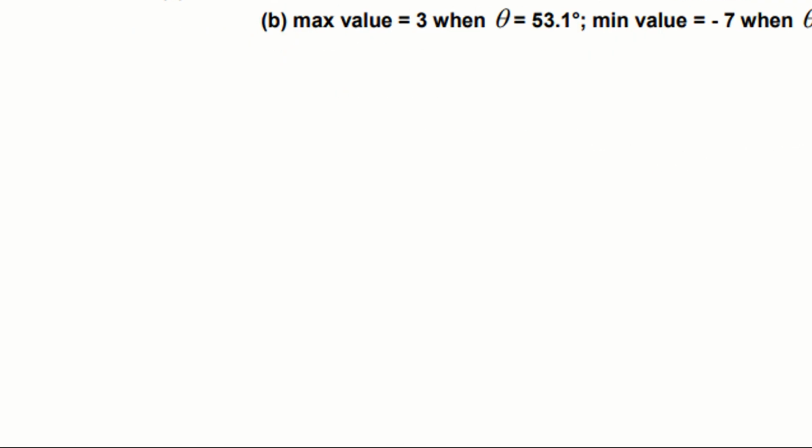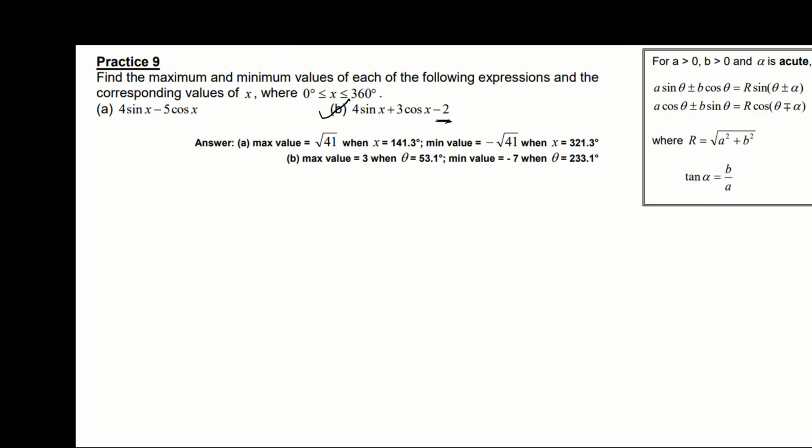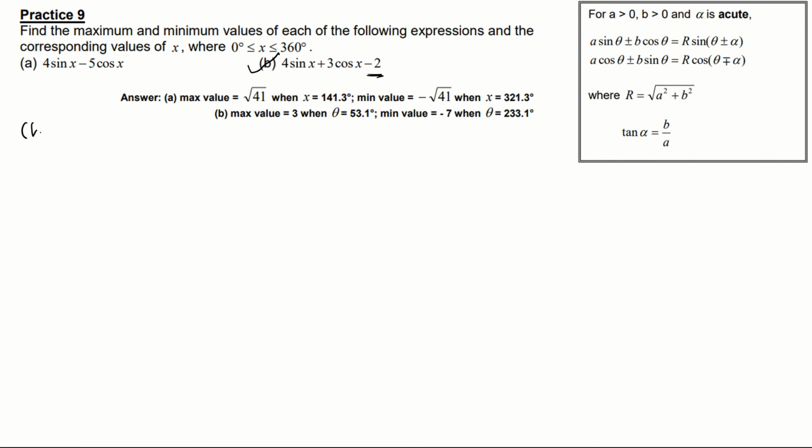For B, you basically just let 4 sine x plus 3 cosine x minus 2 equal r sine, because the first term is sine, and your focus will still be on the sine and cosine terms first.